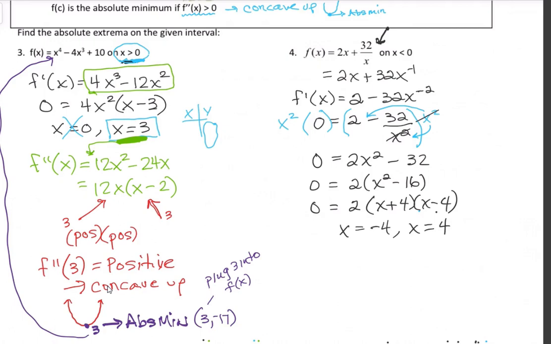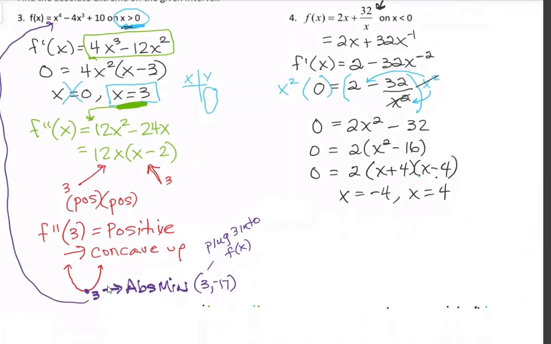Now, once again, I want to make sure that I compare those critical numbers to my interval that I was given. And the interval I was given was x had to be strictly less than 0. So that means my 4 gets omitted. So the only critical number that I have to test is -4.